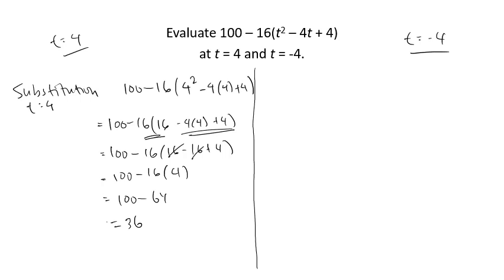If we look at t equals negative 4 on the right hand side here, so the same thing, we're going to do our substitution. So we're going to get 100 minus 16 times negative 4 squared minus 4 times negative 4 plus 4. Now, I've written this a particular way here. I've written it actually kind of incorrectly because I want to talk about students doing this.